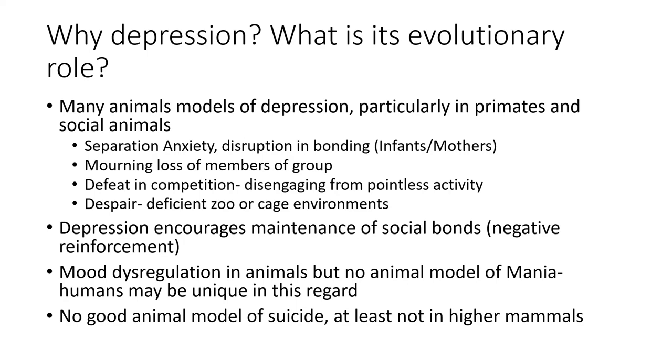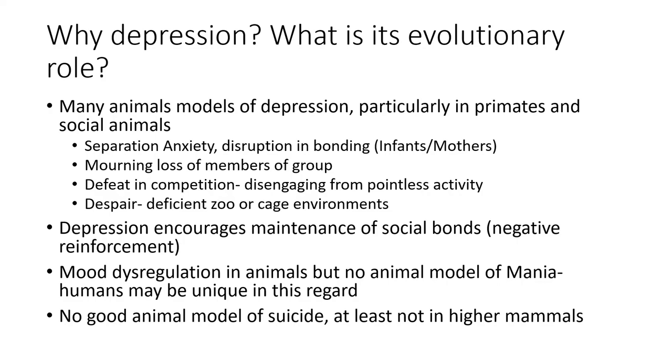Similarly, when we have been defeated in competition, and animals, let's say you have two male rams competing for the female, and they ram their heads into each other, and one finally gives up and he bows his head, that's a kind of animal model of depression, but that's good for that animal. He doesn't get killed in the competition, and that ultimately is better for the herd overall.